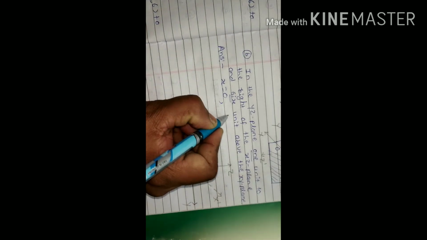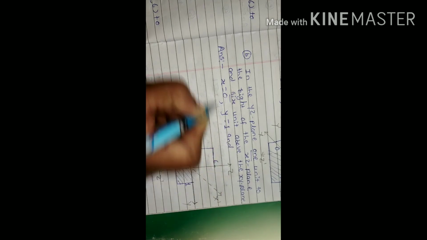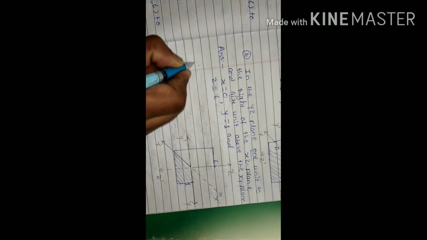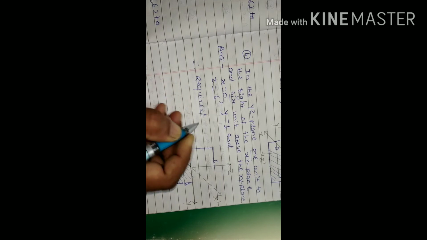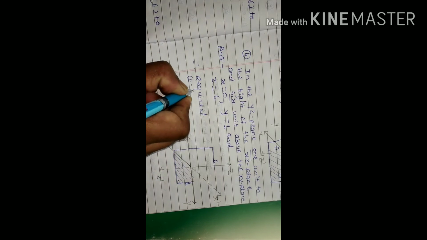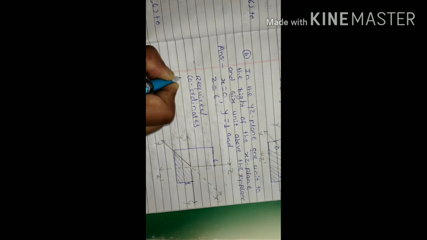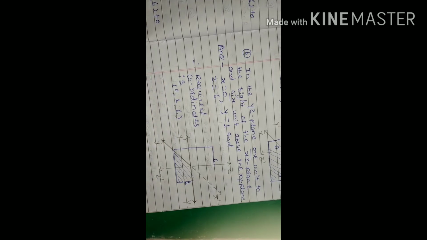That is x is equal to 0, y is equal to 1, and z is equal to 6. Therefore the required coordinates are (0, 1, 6).